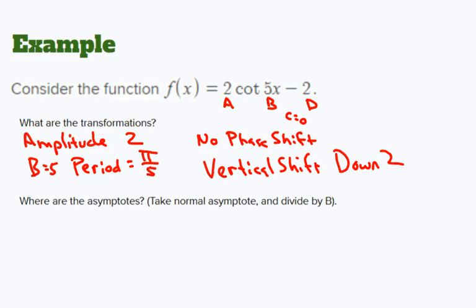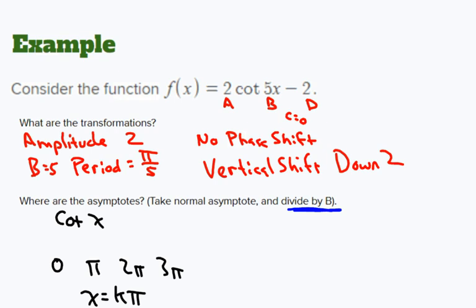What are the asymptotes? Well, cotangent of x has asymptotes at 0, at pi, at 2 pi, at 3 pi, so it's every pi. You could say the asymptotes have an equation x equals k pi, k being an integer. Okay, so now what do we have? Now that's the normal. Now we need to divide it by B. It's every pi over 5.